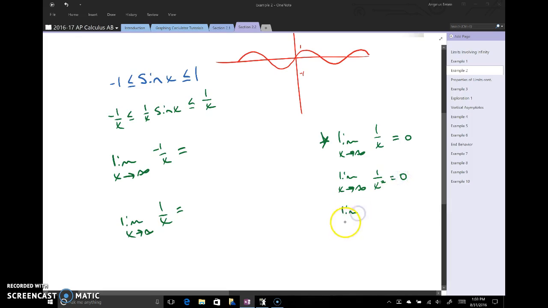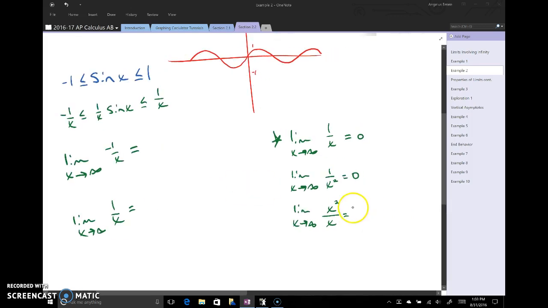If we have a higher power on the top, so like let's say the limit as x approaches infinity of x squared over x, well, that's going to simplify down to the limit as x approaches infinity of x, so that's going to approach infinity.